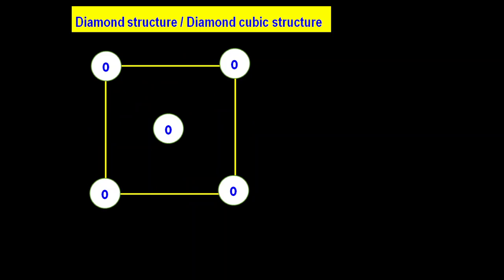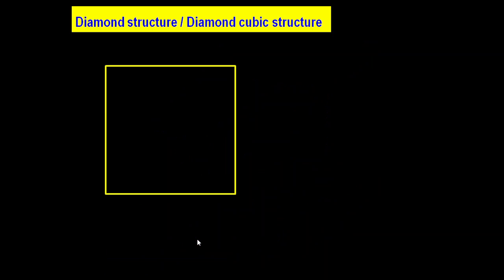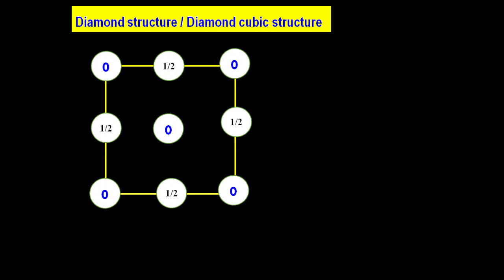Similarly, I have already shown this in the three-dimensional figure. Say this is the bottom layer. Here I have to place one atom as 1/4, here is 1/4, here is 3/4, and here is 3/4.